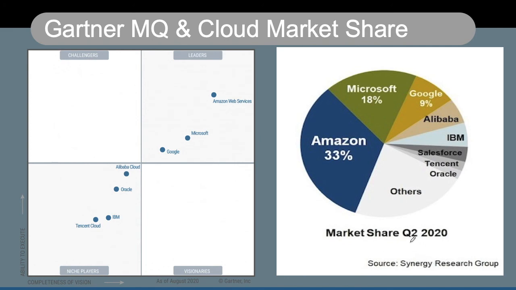If you look at this, the picture on the left is called the Gartner Magic Quadrant, where we talk about challengers, leaders, visionaries, and niche players.